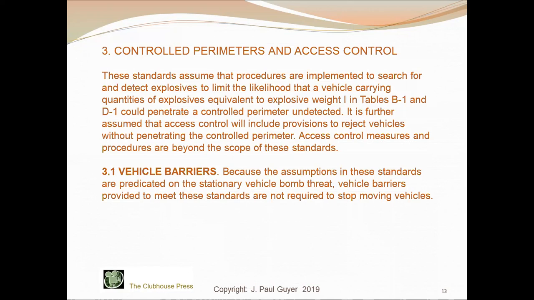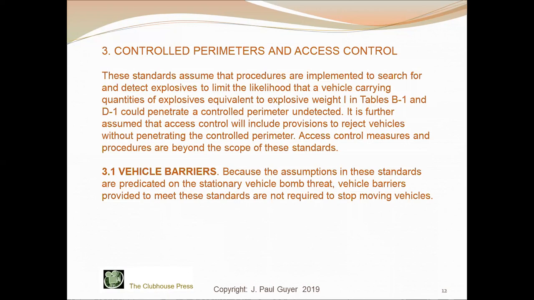And so procedures are important, and they are implemented to search for and detect explosives, to limit the likelihood that a vehicle or a person carrying quantities of explosives equivalent to explosive weight 1 could penetrate a controlled perimeter undetected. And I keep referring here to explosive weight 1 and explosive weight 2, and you will see what these are when we get to tables B1 and D1.